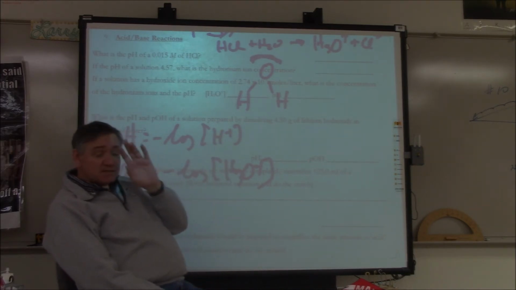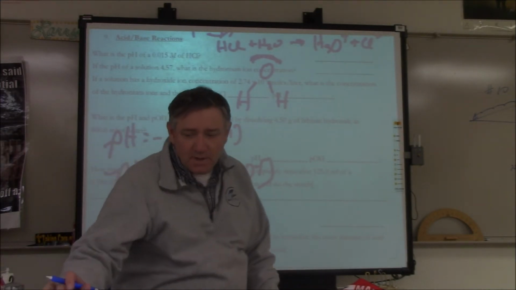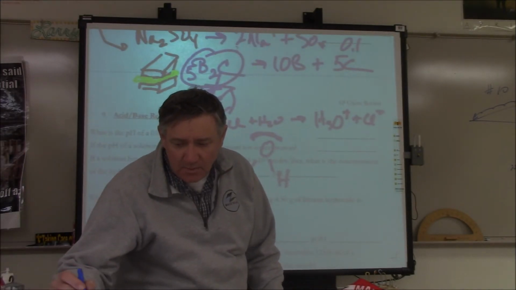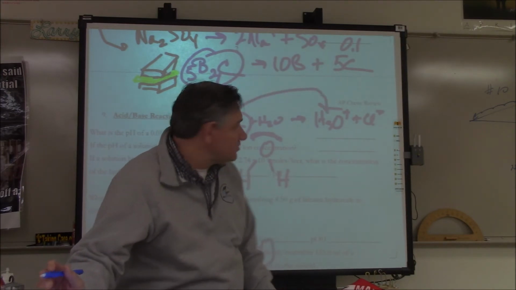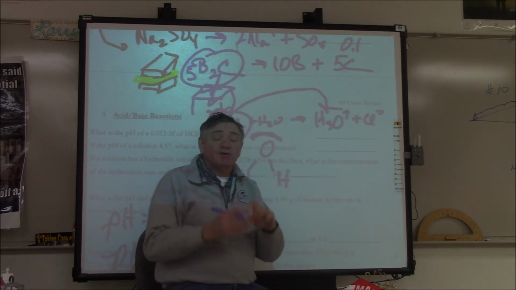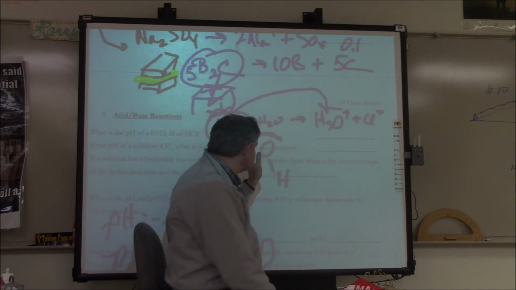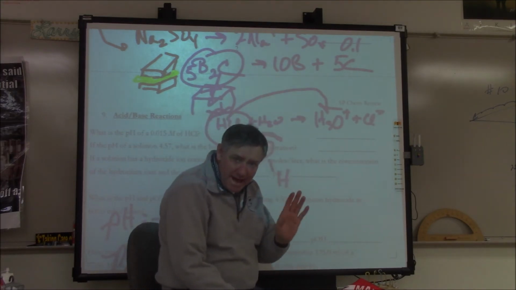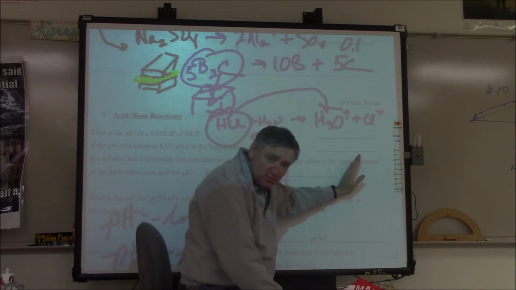So, if something's a strong acid, what that means is that whatever the concentration of the HCl is, is whatever the concentration is of your hydronium ions. So, listen to me, okay, this is going to be hugely important. If it's a strong acid, we say the equilibrium lies to the right.